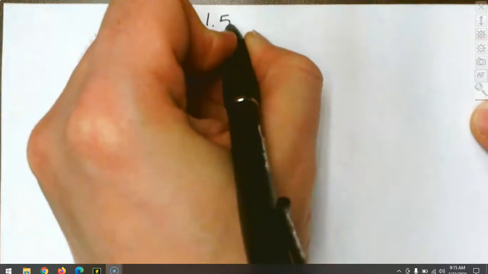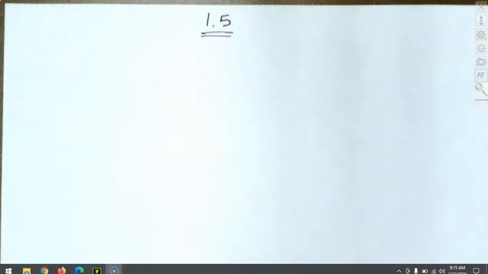And this is a much, much easier section to work through than 1.4. 1.5 is all about inequalities. So let's just review a little bit about inequalities and how to graph these.